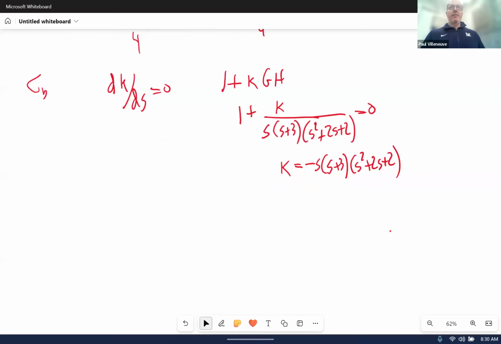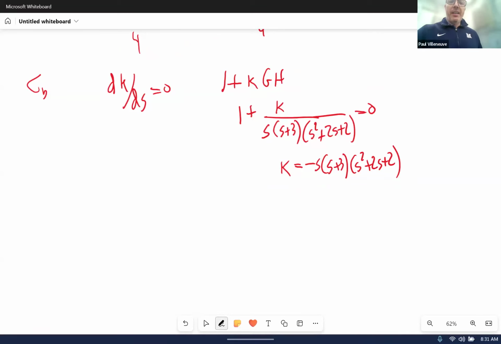Now I have to take the derivative of that. It's totally up to you. Whatever you like to do for derivatives, if you leave it in this form, you're going to have to do a lot of, is it the quotient rule or the chain rule? Take the derivative of the first, keep taking derivative after derivative.